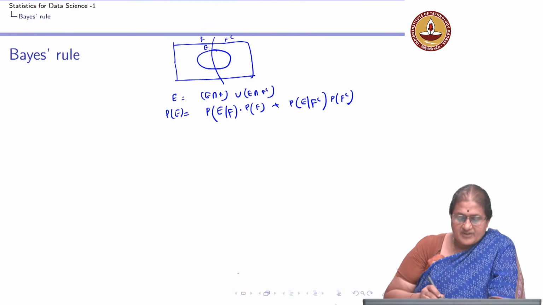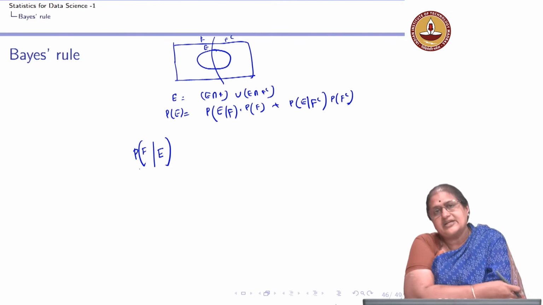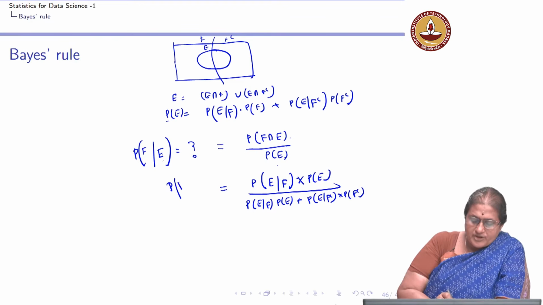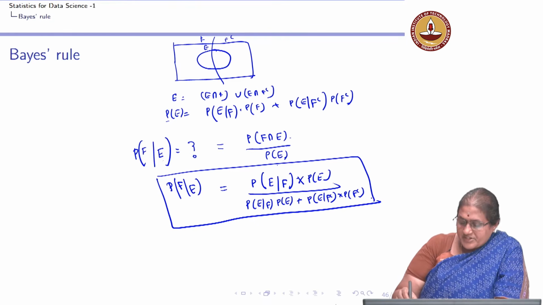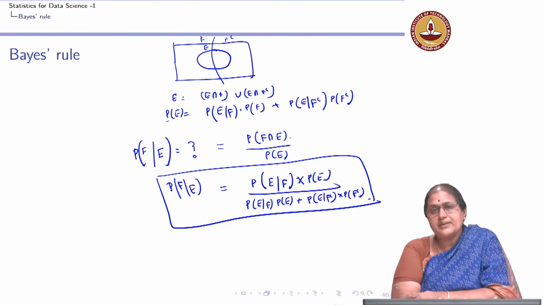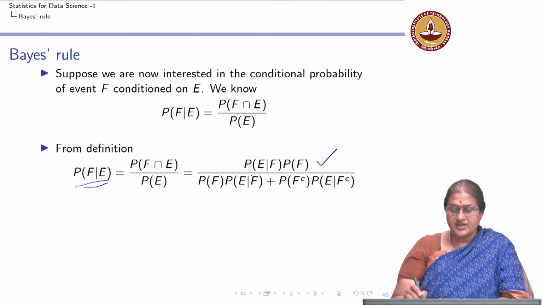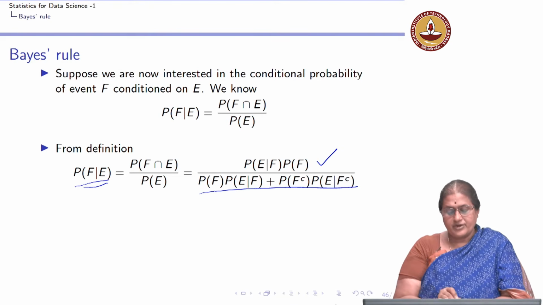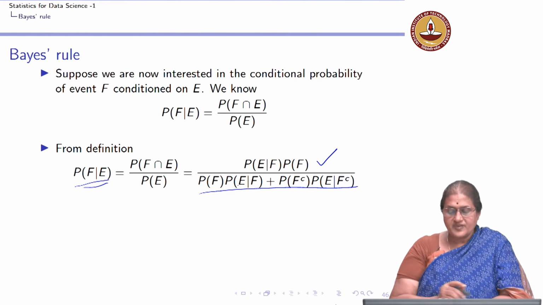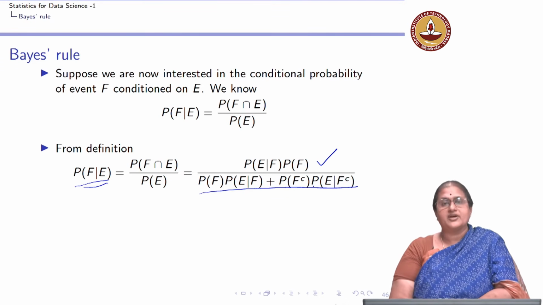In other words, given E, I am interested in knowing what is the chance he came from the accident prone class. Hence, probability of F given E is given by this expression, and this expression is what is popularly referred to as the Bayes rule. F conditioned on E is probability of E conditioned on F into probability of F, divided by probability of E, which is probability of F into probability of E conditioned on F plus probability of F complement into probability of E conditioned on F complement.